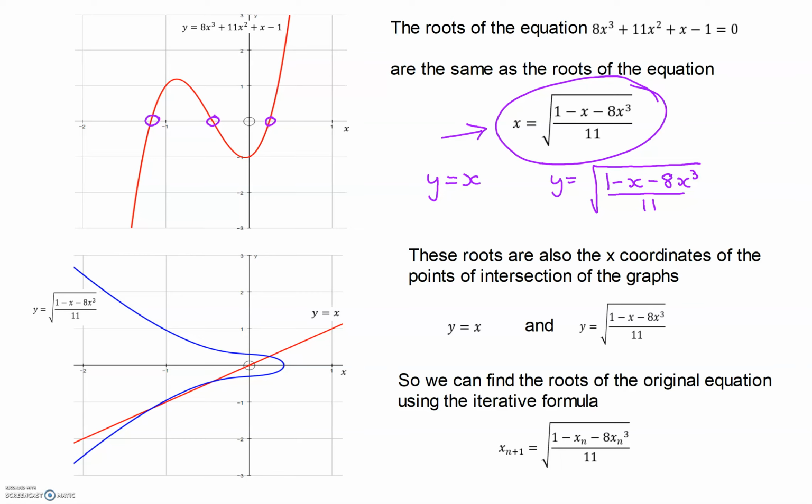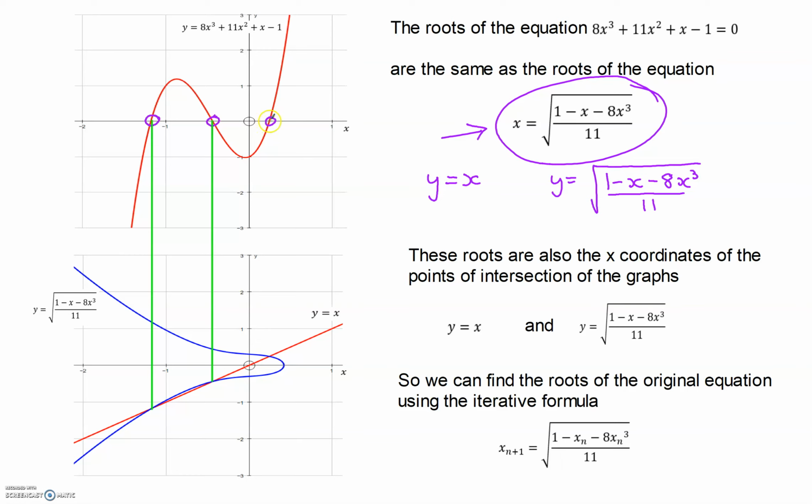So you can see that if we were to go to the left-hand root, and that's in the interval -2, -1, if we draw a line down to the graph at the bottom, it goes down to the intersection point of the two graphs. The central root in the interval -1, 0, again can line up with a point of intersection of the graphs y equals x and y equals the square root of 1 minus x minus 8x cubed all over 11.